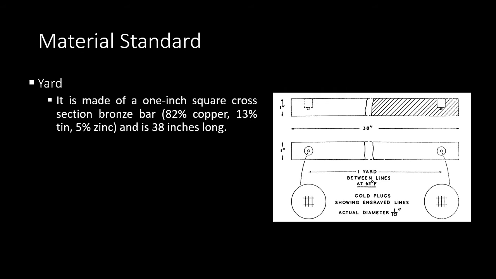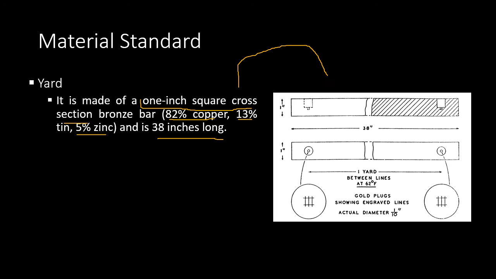To establish line standard using a physical object, the yard has a bar made of bronze consisting of 82% copper, 13% tin and 5% zinc, with a 1 inch square cross section, and its length is 38 inches.